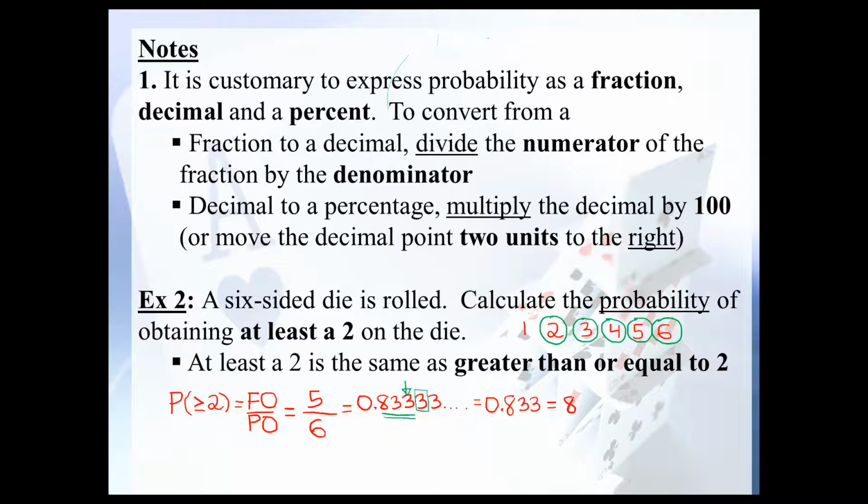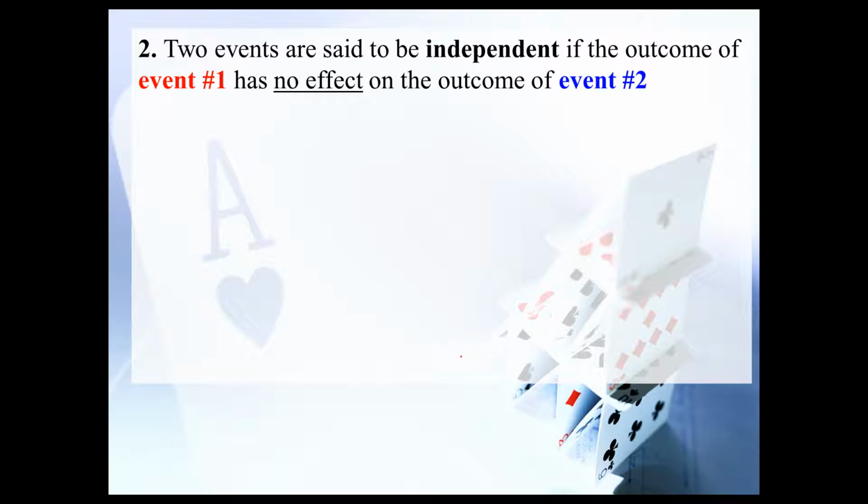If I did that, this would give me 83.3. So that'd be the probability of rolling a six-sided die and obtaining a number on the die that is at least 2.